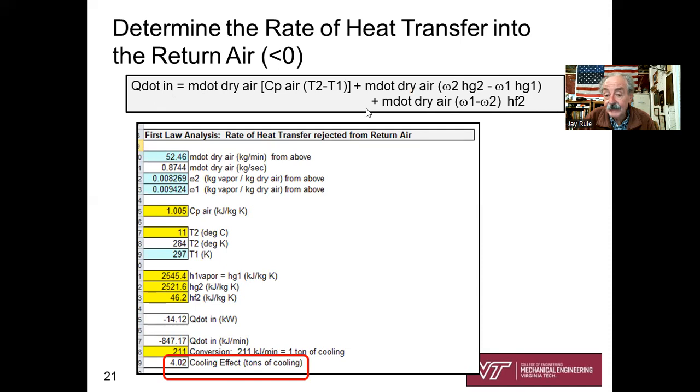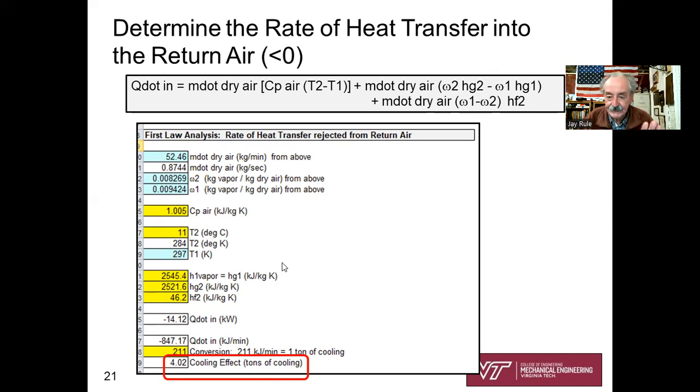And then finally, the last term, plus the condensate flow, which is m dot of dry air, omega 1 minus omega 2. That's the continuity equation, times HF2, a small number. HF is going to be a little number, but we're going to include it in.